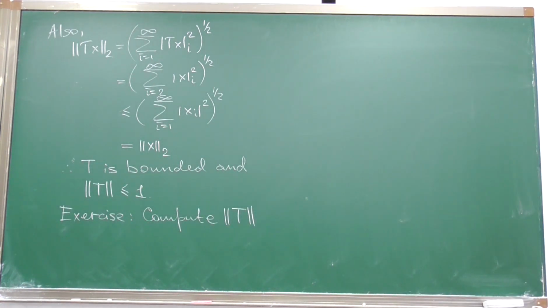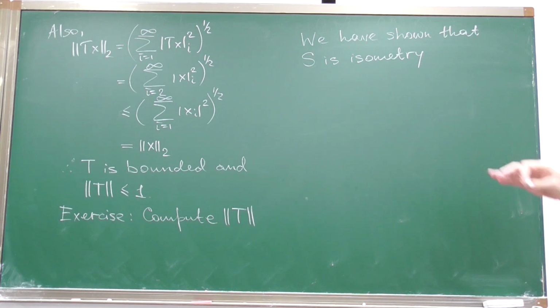Let us consider one more interesting property of the operator S. We already proved over there that the operator S is an isometry. It is easy to see that T is not an isometry.